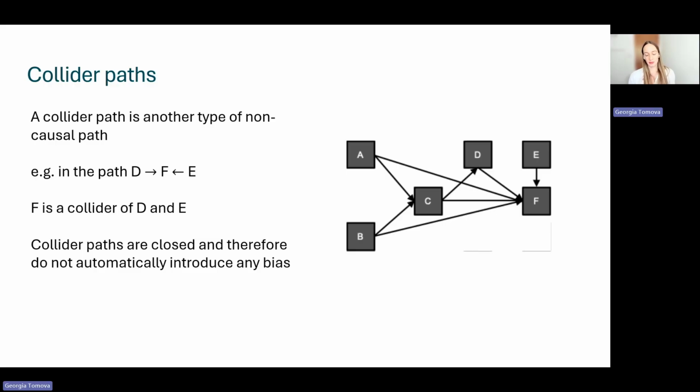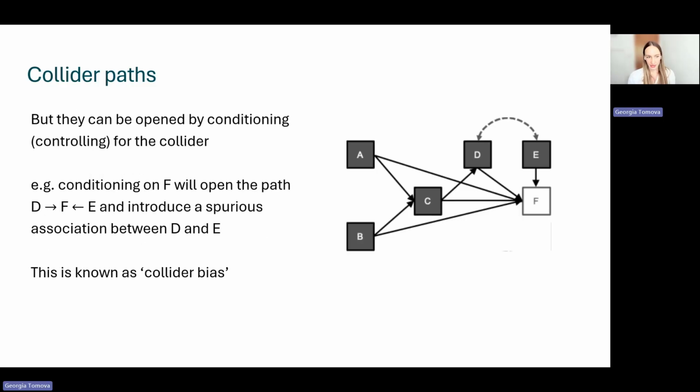Now, just by existence, collider paths are closed. Whenever we have a collider path, it does not automatically introduce any bias. However, it is possible to open a collider path and introduce bias.